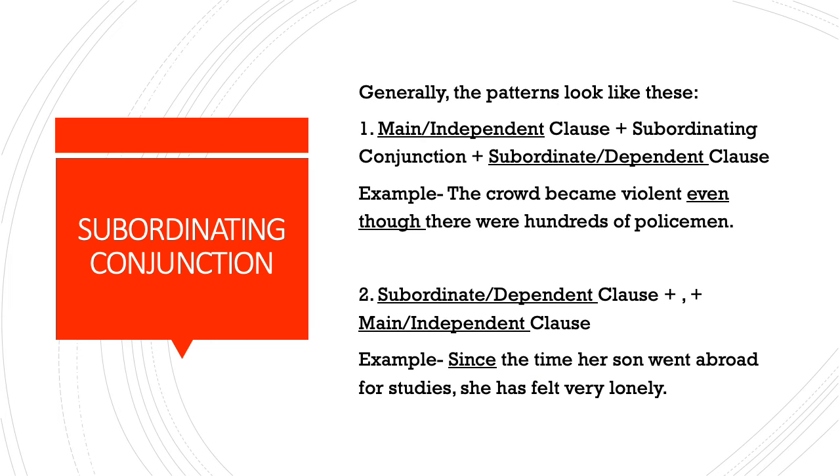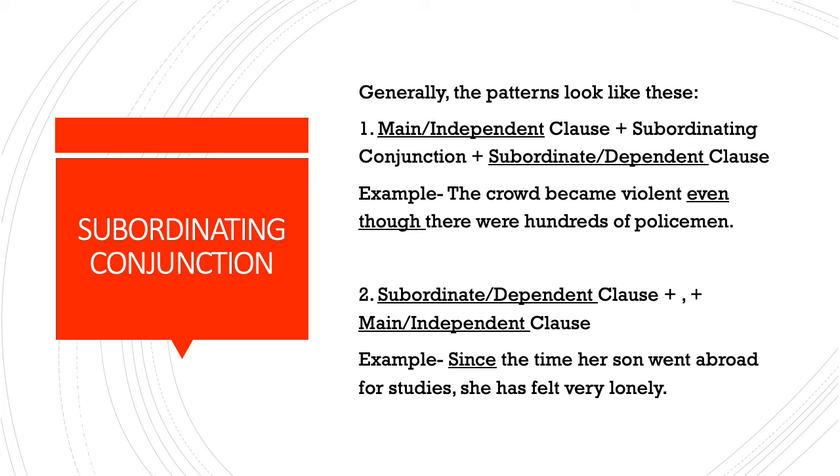Now, generally, how do we write a sentence with a subordinating conjunction? First we will have the main clause or the independent clause, then the subordinating conjunction in between, and then again the subordinate clause or the dependent clause.